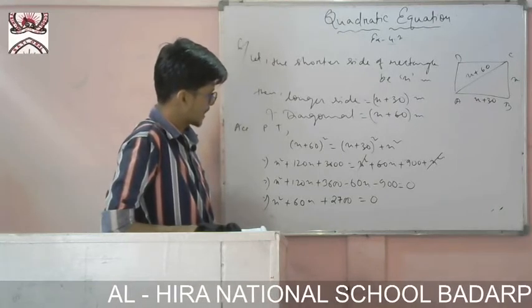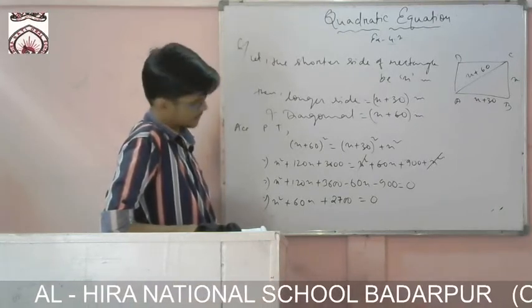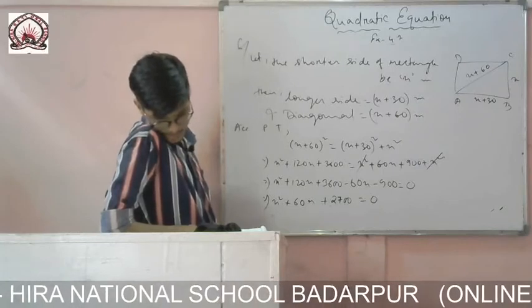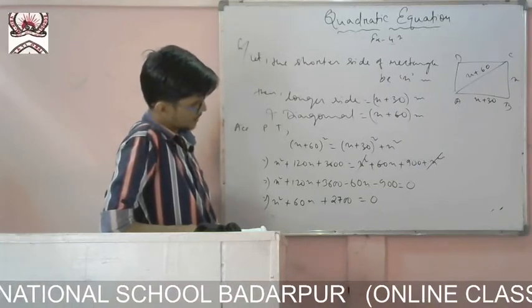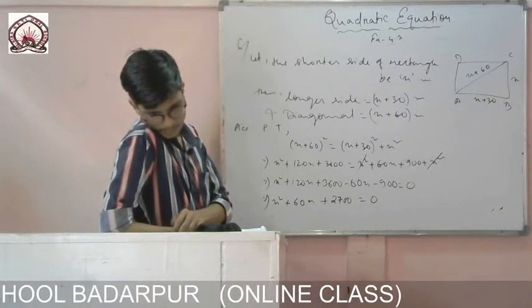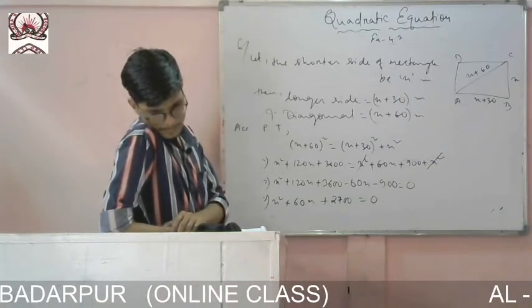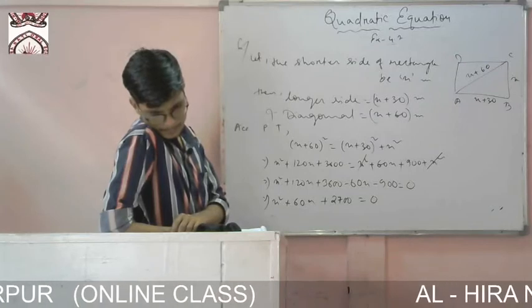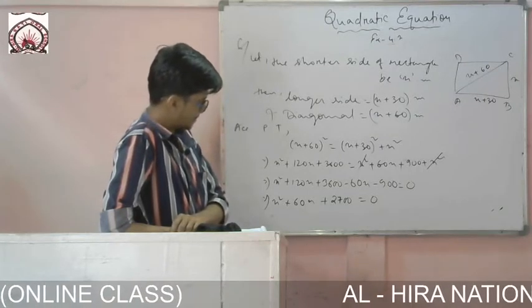So after solving I got x squared plus 120x plus 3600, and there I have got x squared plus 60x plus 900 plus x squared.